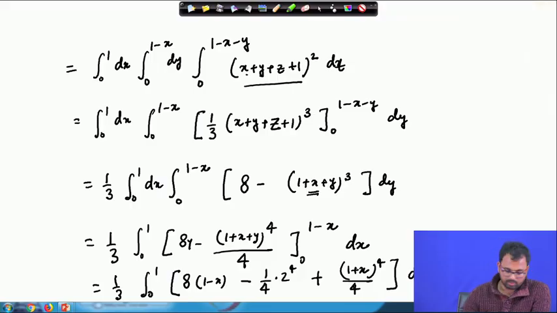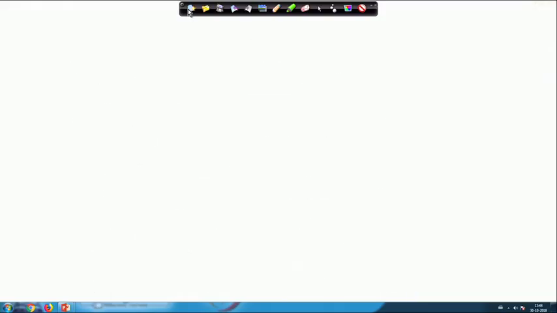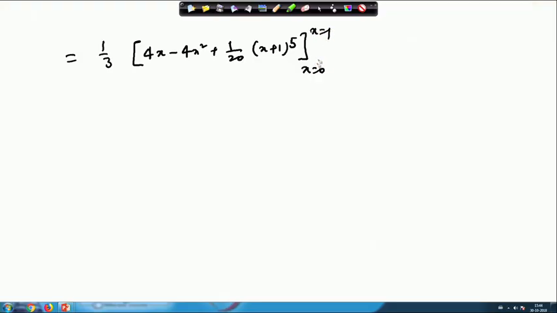All right. So we will basically obtain, after simplification, 1 by 3 [4x minus 4x square plus 1 by 20 (x plus 1) to the power 5], sorry, the value of the function of the integral evaluated at 0 to 1.